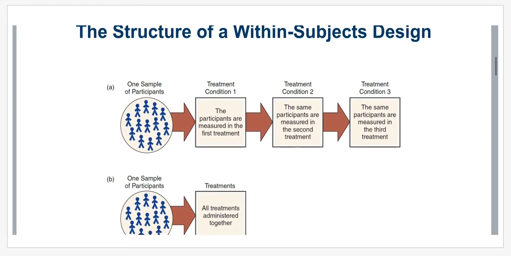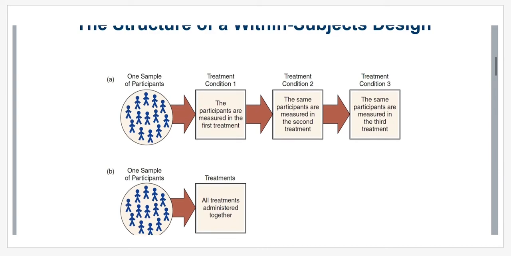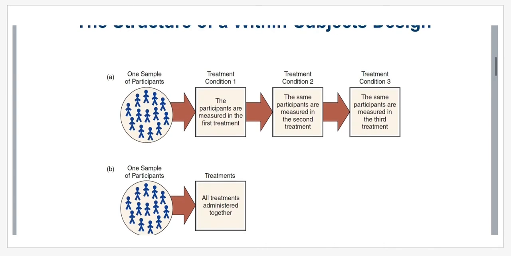So what this kind of looks like visually, here is the structure of a within subjects design. You see there's 2 different ways that we can go about doing this. You see we have samples in both, and they're all receiving the same treatment in both A and B, right? But there's two different ways that you can do it within subjects design.